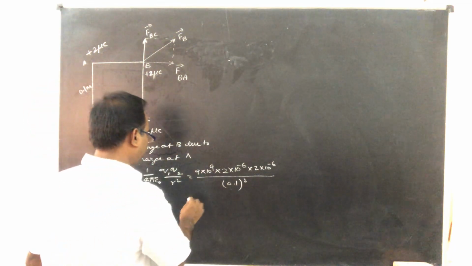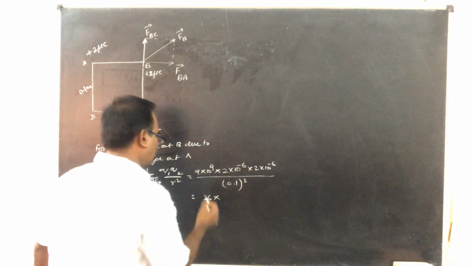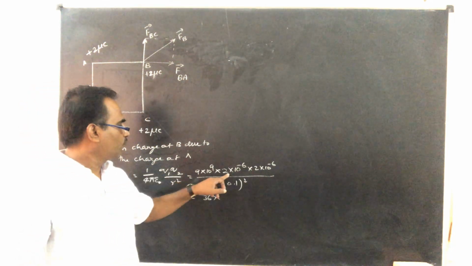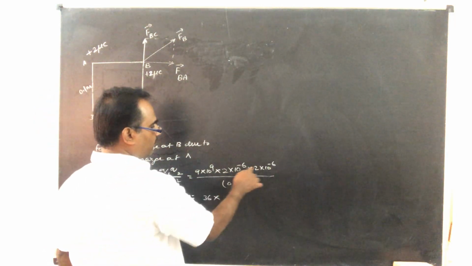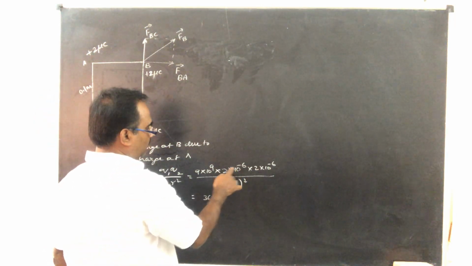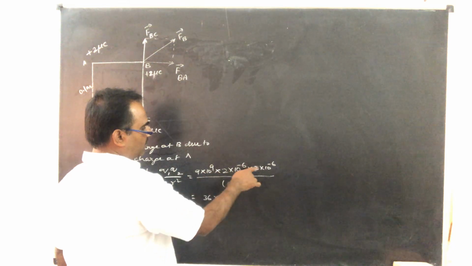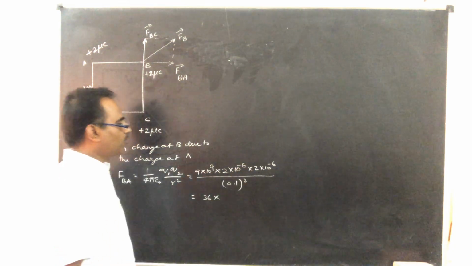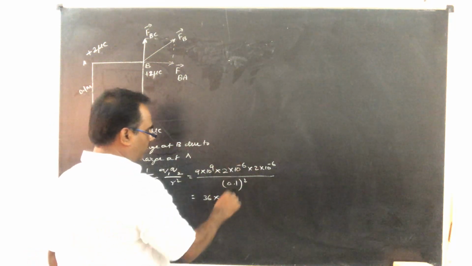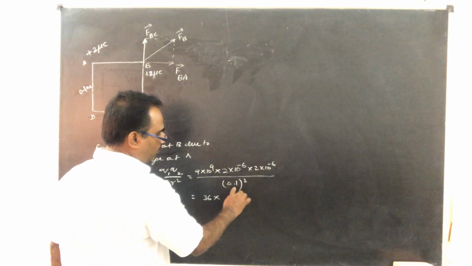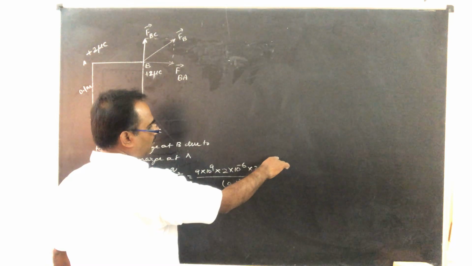So you will get 36, 2 × 2, 4, 4 × 9, 36 into 10⁻¹². This is 10⁹. That means in the numerator you will be left with 10⁻³. Then this is 10 to the power of minus 2, it becomes plus 2.